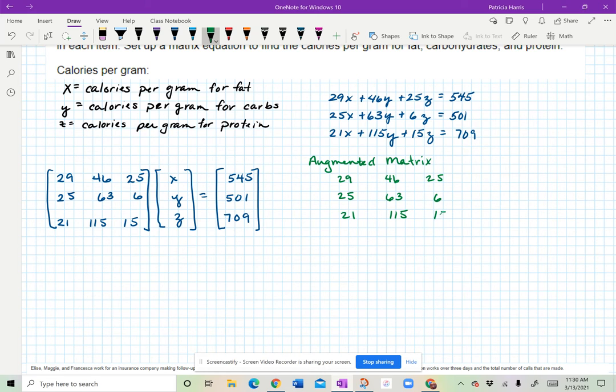Now, when you put this into a calculator, you're not going to see a line. I like to put a line there just to separate things out, but you're not going to see that on the calculator. Okay, so there is your augmented matrix. So now we're going to switch to Desmos.